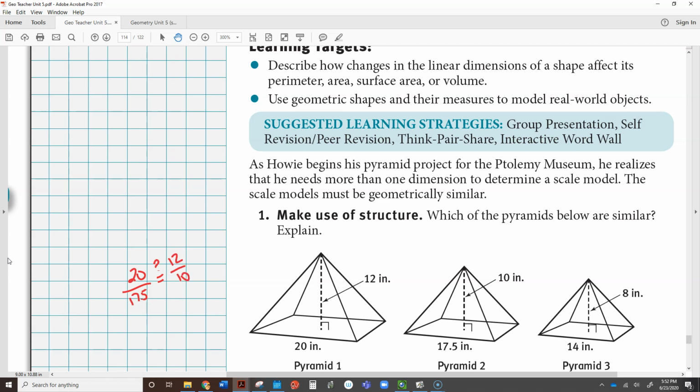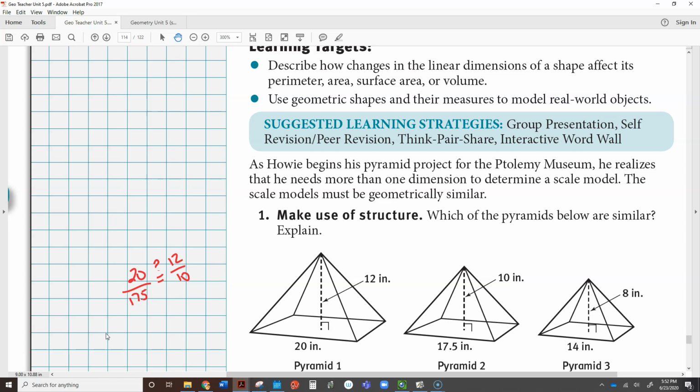If this is equal, then they're similar. If it's not, then they're not. So you cross multiply right here and you get 200. You multiply 17.5 times 12, and you get 210. So these two right here are not similar.